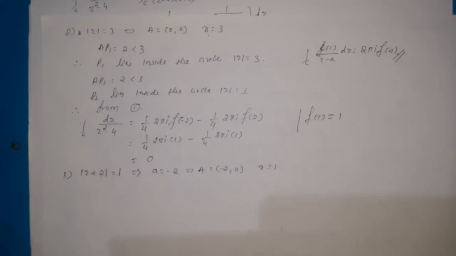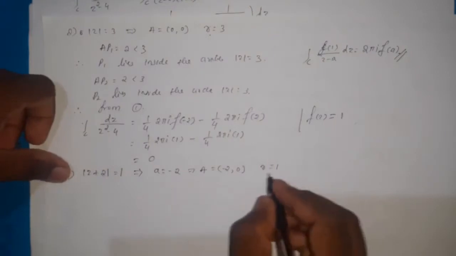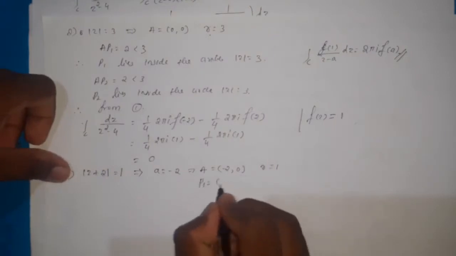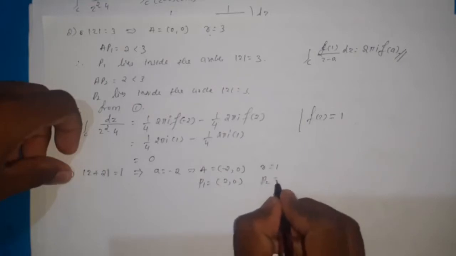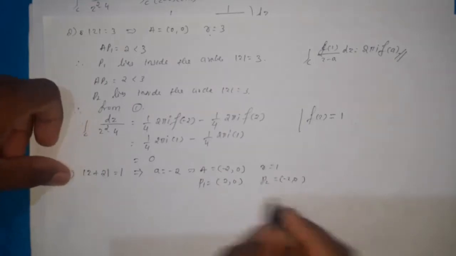So the center of the circle is minus 2 comma 0, and we know the points P1 and P2. So let us find here P1 is 2 comma 0 and P2 is minus 2 comma 0.